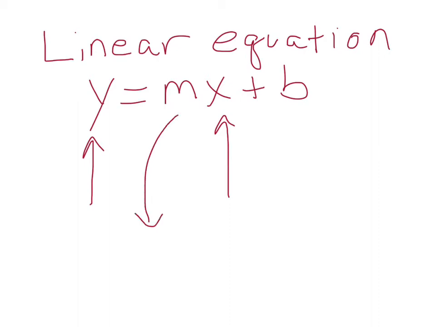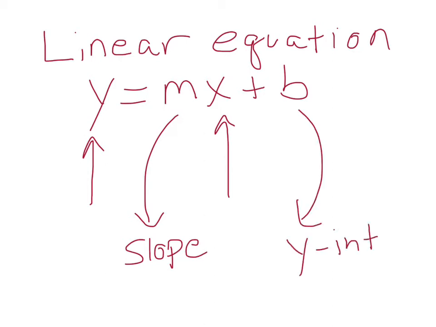The m stands for the slope of the line, and the b stands for the y-intercept. Now, these are values that we can determine looking at our graph, and that's the reason why this particular form of a linear equation is called slope-intercept form. It is based on the slope and the y-intercept. Slope-intercept form. So y equals mx plus b.